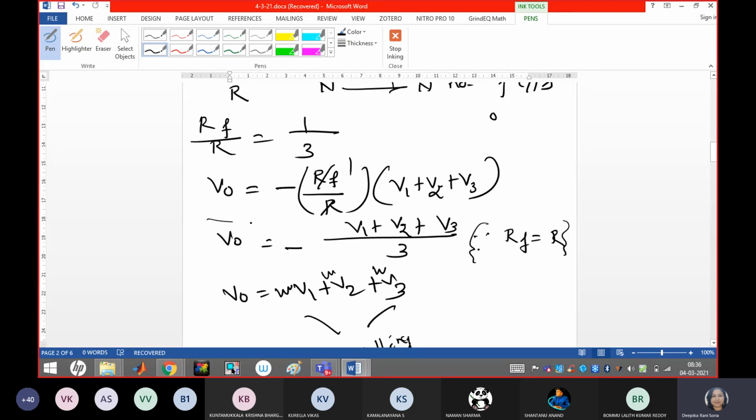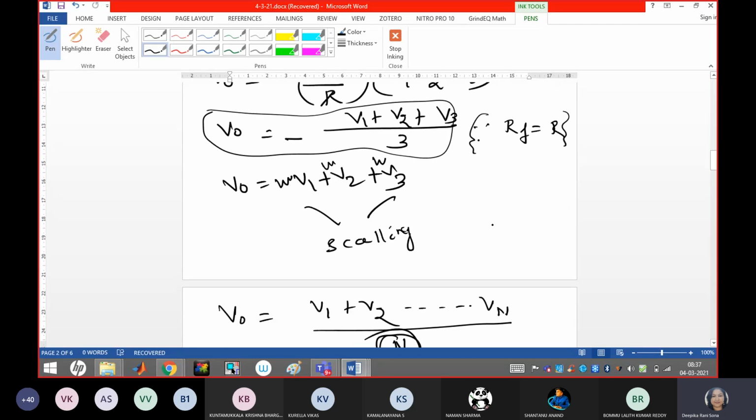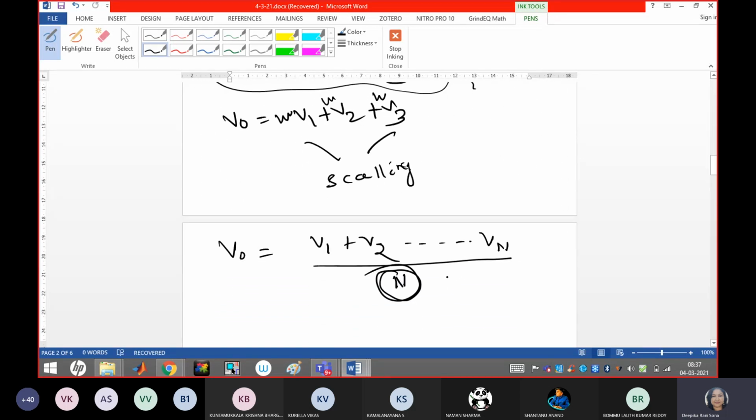But finally if you observe this equation, for this case you may write that Rf equal to R. But actually how we got Rf by R equal to 1 by n, that you have to remember internally. By the help of the op-amp only we have proved that. This is the logic only, don't get confused. Generally, if you write the definition of average amplifier, this concept is true, but how do you get this n?